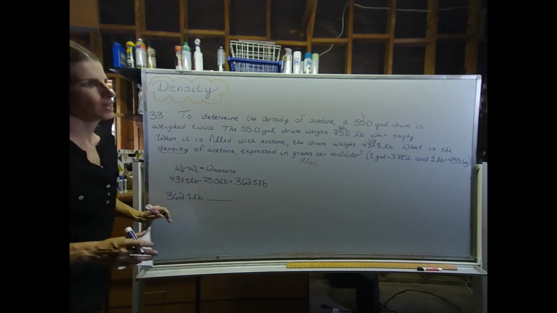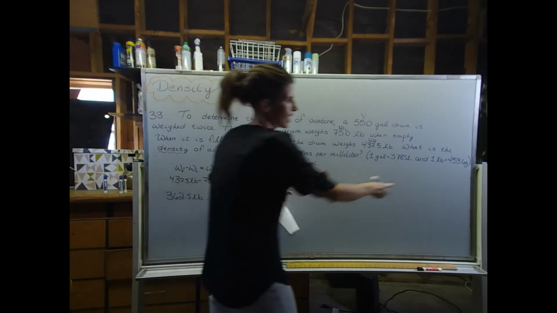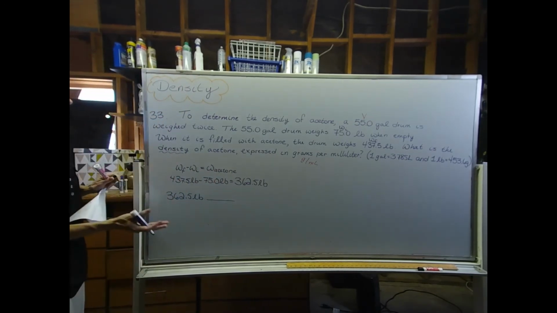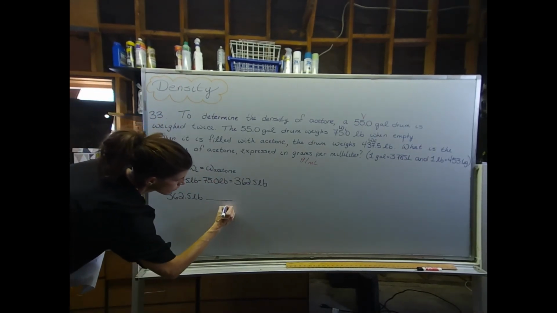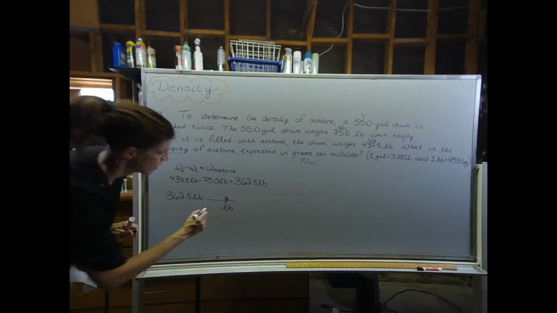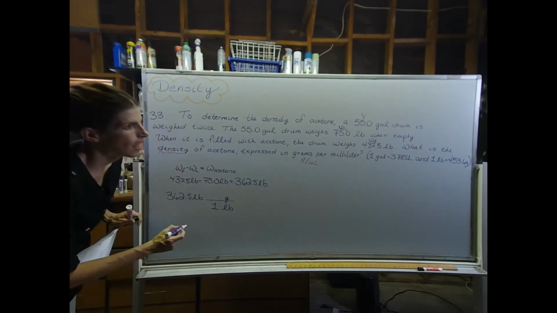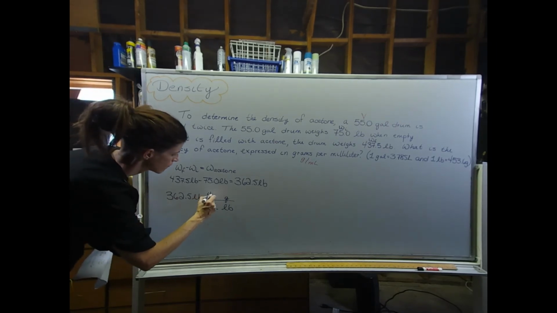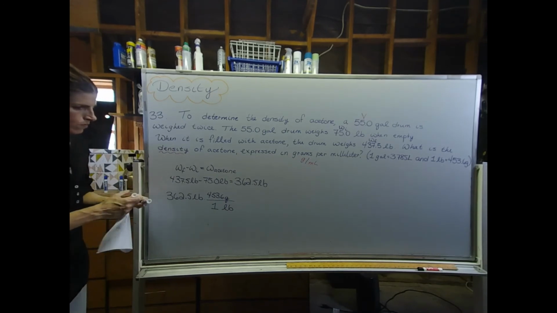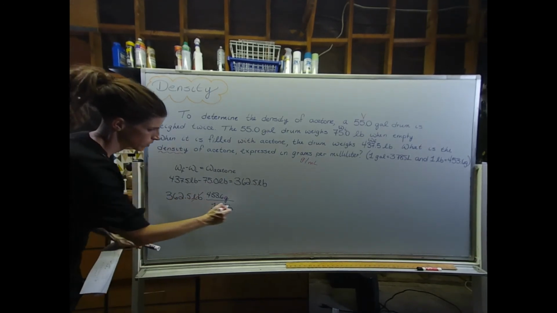And they're very kind, well, in some ways, right? They gave us this conversion factor. So we can go directly from pounds to grams. So put pounds in the bottom and grams on top. And it says 1 pound has 453.6 grams. So pounds will cancel with pounds.